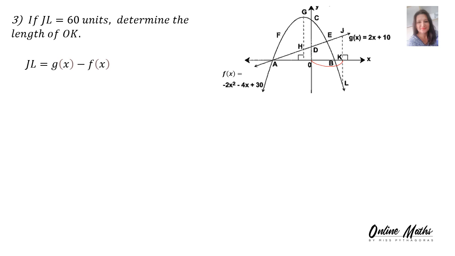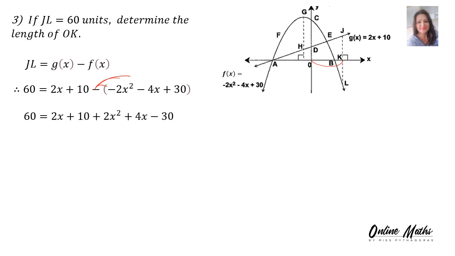Then JL was given as 60 units, so 60 = 2x + 10 - (-2x² - 4x + 30). And then I will multiply in this negative and I end with 60 = 2x + 10 + 2x² + 4x - 30. Now in the next step, I will add my like terms.